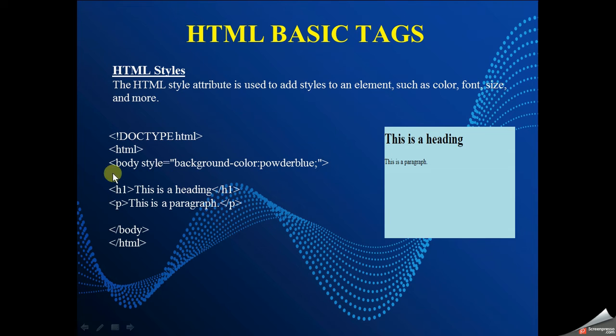Here you are applying it to the whole body, meaning the whole web page. So if you write body style background color powder blue, it will convert your whole web page into light blue color. Okay, and then paragraph and heading, body close. When you run it, this will be applied to your whole page. So this is one of the style attributes that you can apply on your web page.